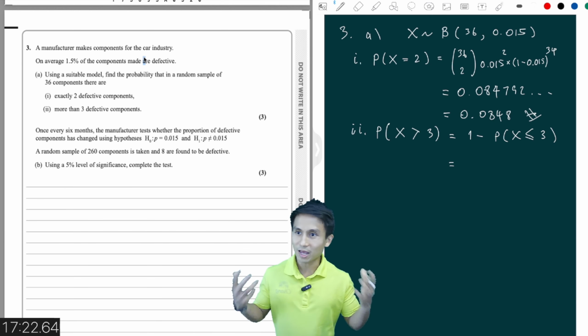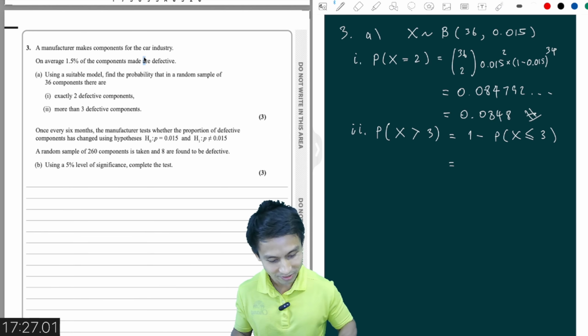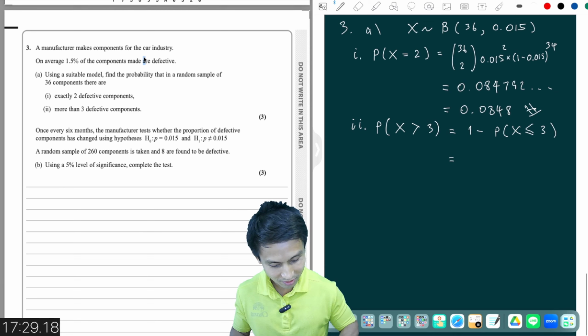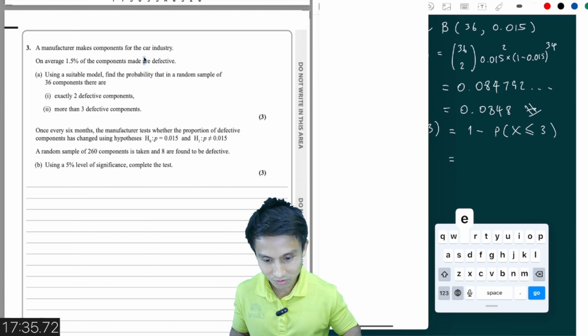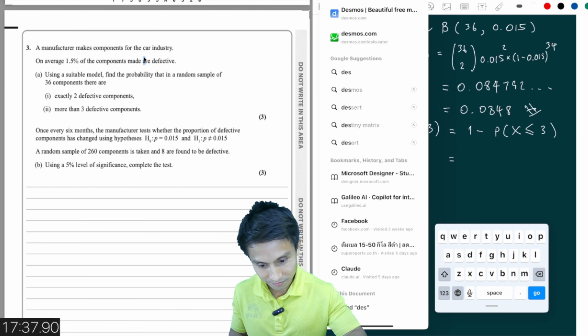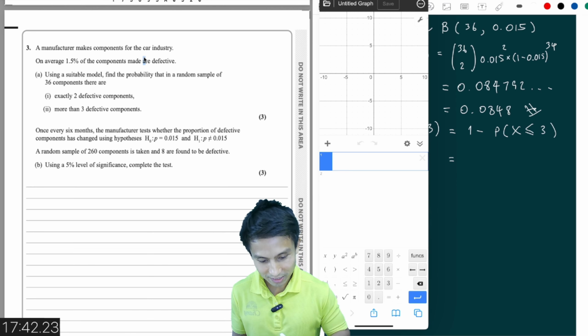Because I don't have a calculator that can do binomial CD, and you guys can because you should have a graphing calculator, I'm just going to do Desmos. So you guys can do it too.